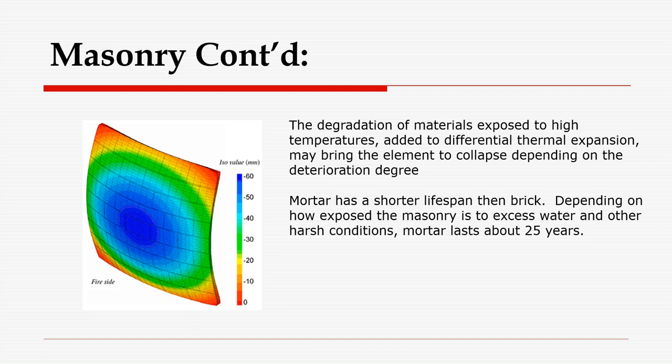Now, mortar has a shorter lifespan than brick. Remember, mortar is what's filling in the joint between the bricks. So mortar has a shorter lifespan than the brick, and depending on how exposed the masonry is to water and other harsh conditions like rain and heavy winds during hurricane season, all that stuff, but in typical, mortar will last about 25 years. That's not very long.